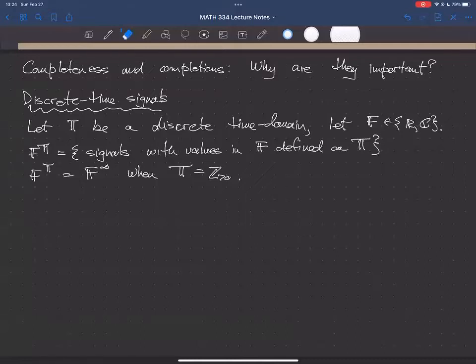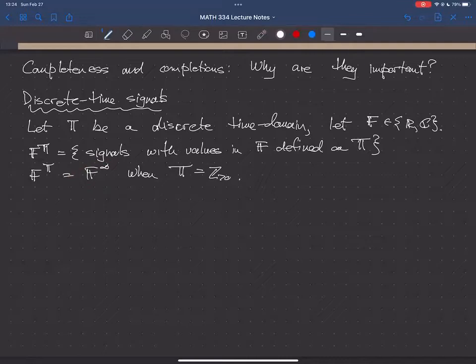Apologies, I had logistical problems there. We're talking about discrete time signals, and we had this space F to the T, which is the set of all signals, and which in the case where T is the positive integers can be thought of as sequences. Good.